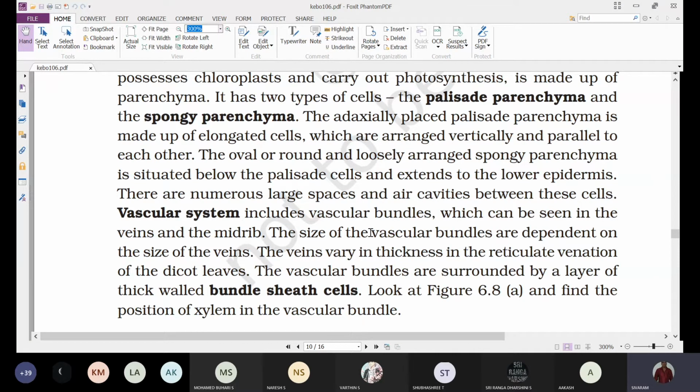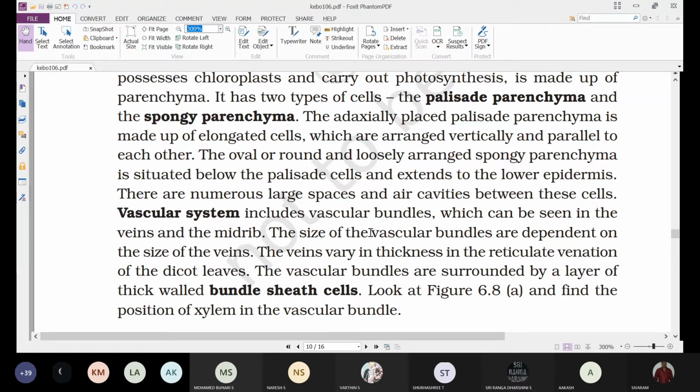The parenchymatous cells with chloroplast which are present towards the upper epidermis are arranged perpendicular to the epidermis, and they are compactly arranged with no or little intercellular space. These parenchymatous cells present towards the upper epidermis, we call the palisade parenchyma.